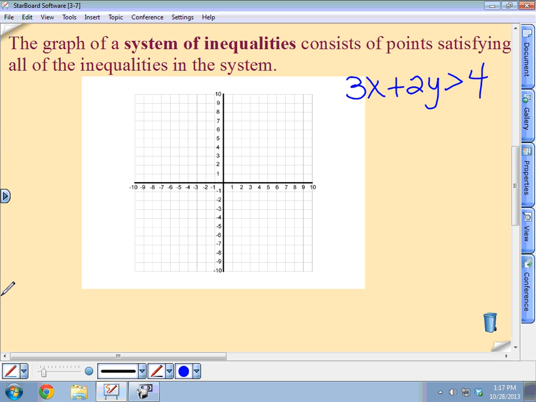And so, if I want to graph this, well, I want to solve for y. So I would subtract my 3x. And just like before, I will divide by 2.